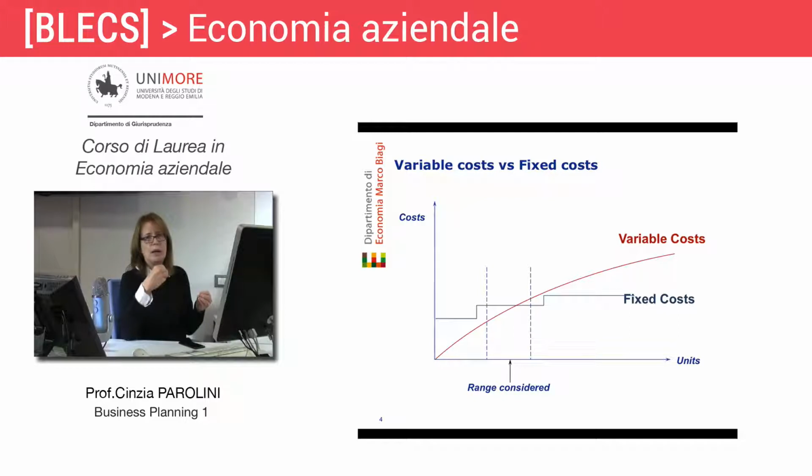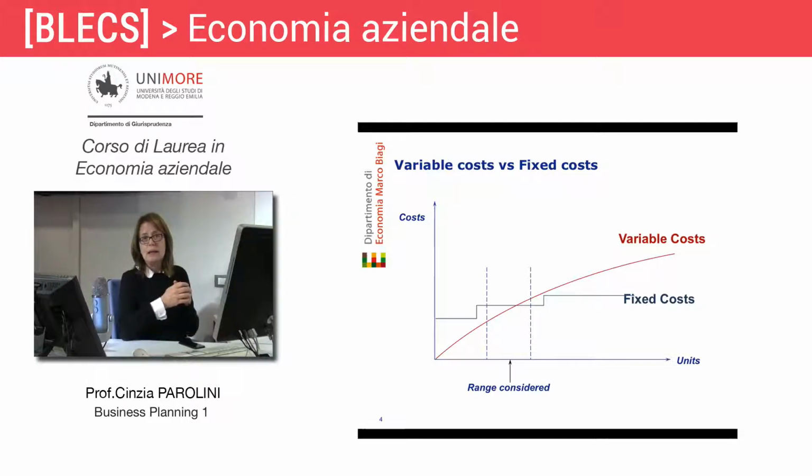As I sell and manufacture more units, variable costs increase. They do not increase in a linear way, as for very large increases in revenues, I may have, for example, discounts in the purchase of raw materials, and so we do not have a linear relationship, but we have a curve.